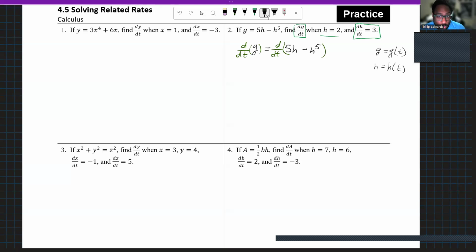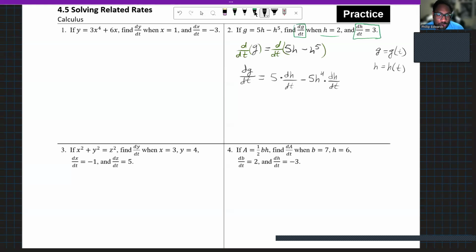So it's 1 times the derivative of g with respect to t. And over here, same idea. This is 5h, its derivative is just 5, times the derivative of h with respect to t, minus, with this one here, the power rule, so it's 5h to the fourth times the derivative of h with respect to t.